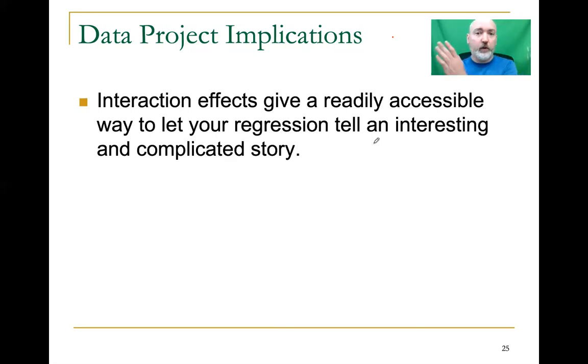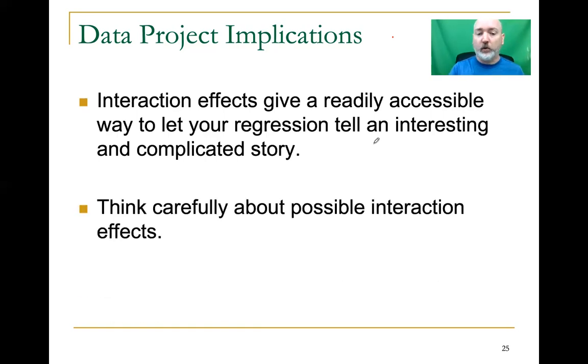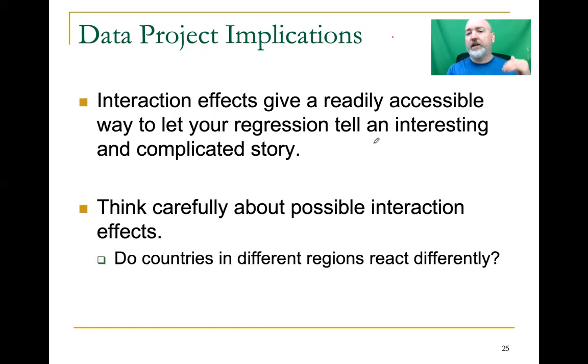It's not just X1, X2, X3 all affect Y. X1, X2, X3 affect Y, and one or more might affect how the other variable affects Y. Another way to think about it is you might have variables that are only marginally attached to your project, and they might not have a significant impact on Y directly, but you can resurrect those variables by using them only as interactions, right? They can have these significant second order effects. So be able to look at your data set and think critically about which variables you might want to interact with each other and include at least one as a hypothesis test in your equation. And if they come out significant, well, that's going to be a new part of your regression.